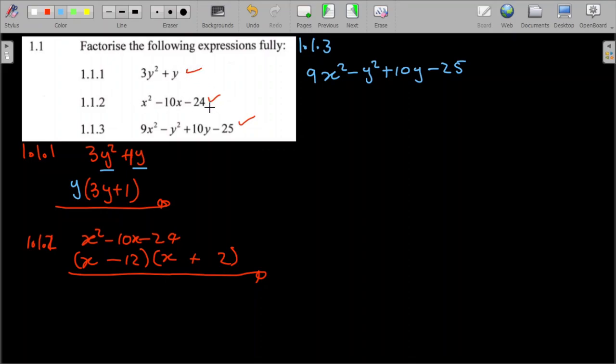The last one was a trinomial, a quadratic, and now here we need to practice grouping. Grouping usually means we group the first two and the next two. But I hope you can see that this is not going to help us in terms of taking out a common factor, and moving forward it is not going to help us here.